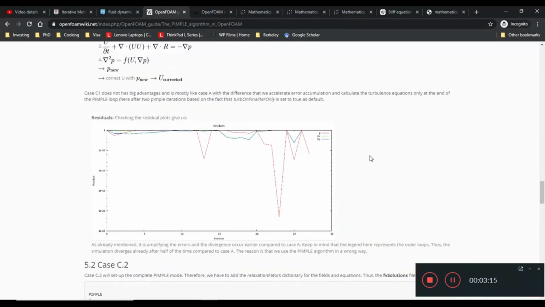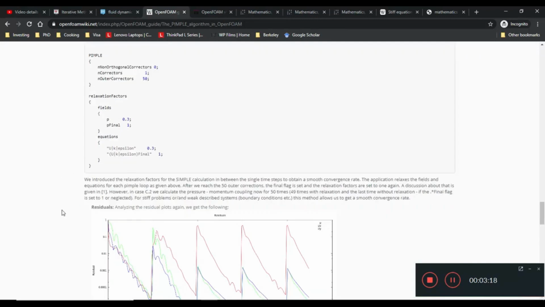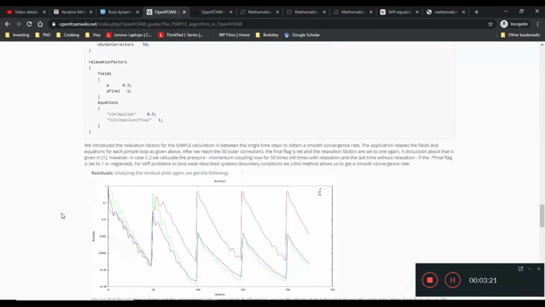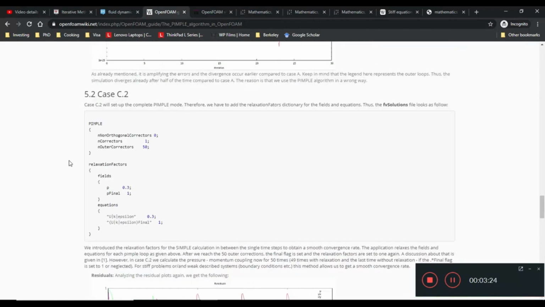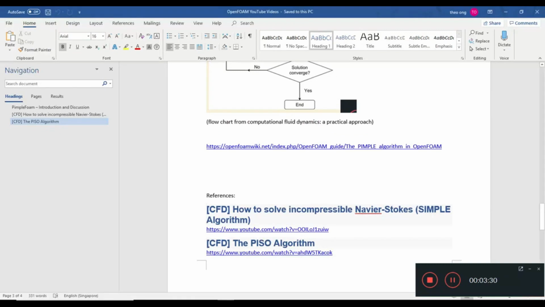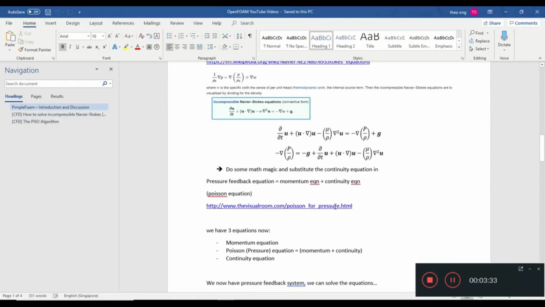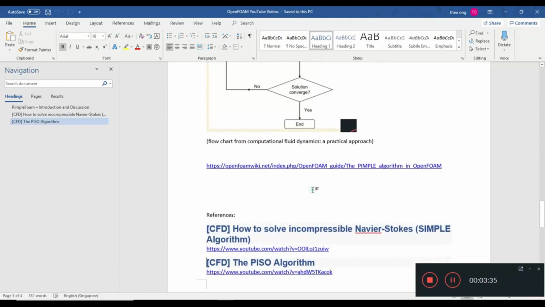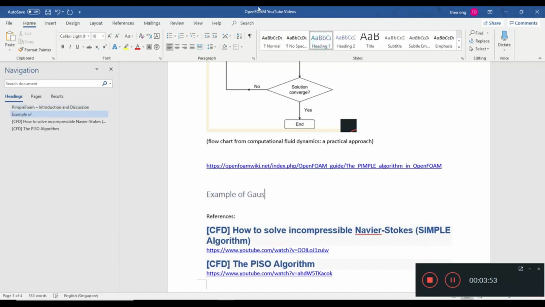Another tool we can use to make these residuals smaller is something called a relaxation factor. I wanted to talk about it in the last video, but I ran out of time. What is this relaxation factor, you might ask? Let's use a very simple example first, an example of Gauss-Seidel iterations.